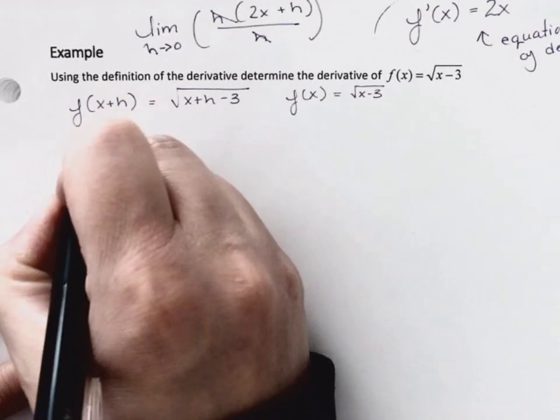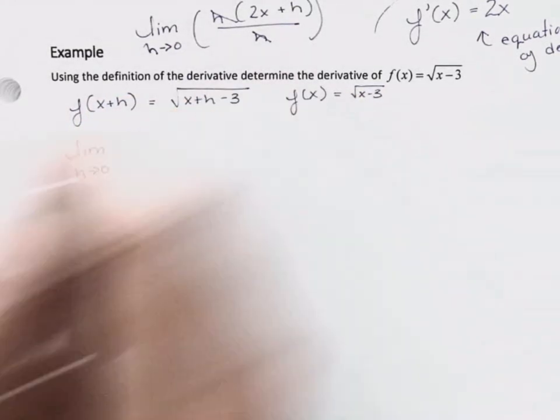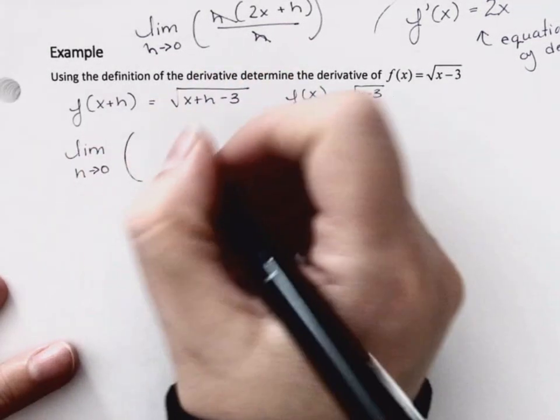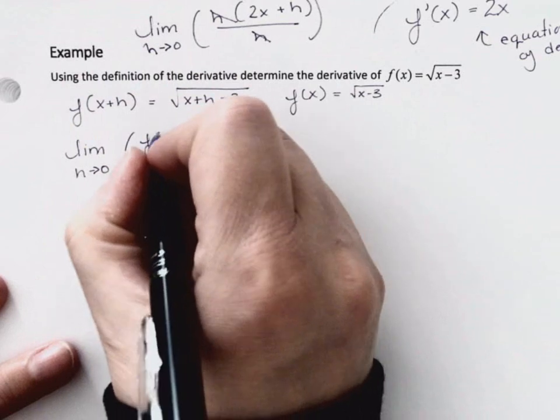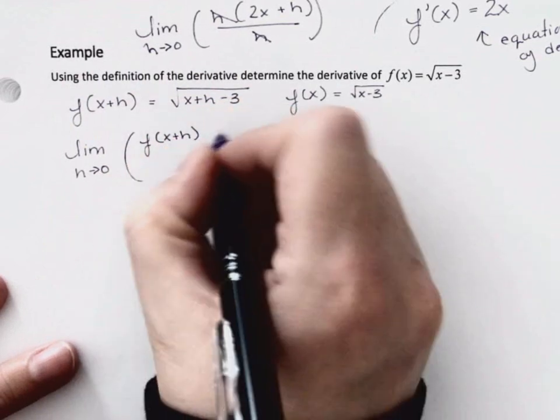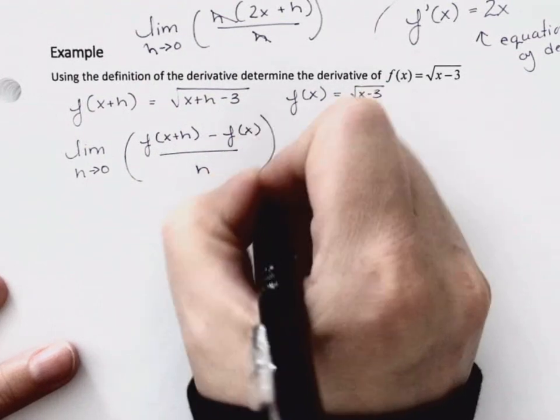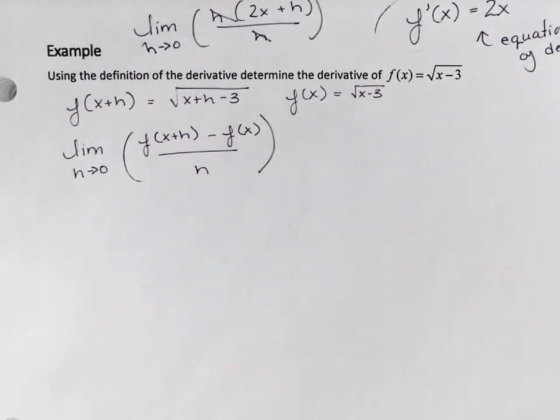Because it's going to be h approaching 0, because we're always trying to get that distance between the secant point and the point of tangency closer and closer together. So I'm going to write it out just because I think it helps my brain. That's the formula, that's the always formula.